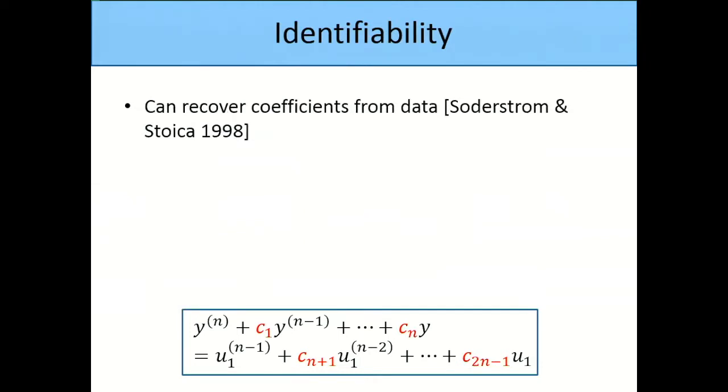Okay. So in this so-called differential algebra approach to identifiability, we make the following assumption: we assume we have perfect data. What does that mean?